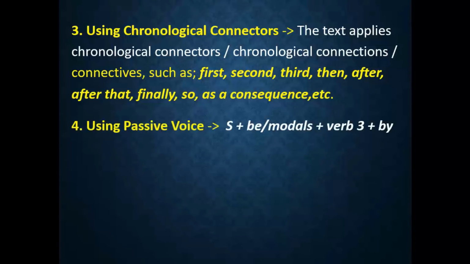Using passive voice, of course. Many sentences we find in the text before use passive voice. And remember, the passive voice pattern is subject plus be or modal verbs, followed by verb 3, and sometimes followed by "by".